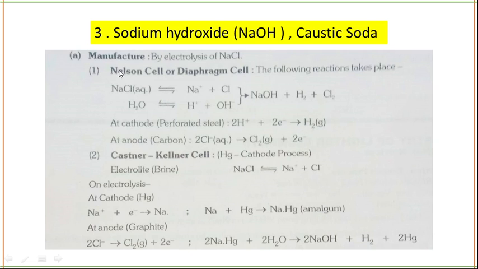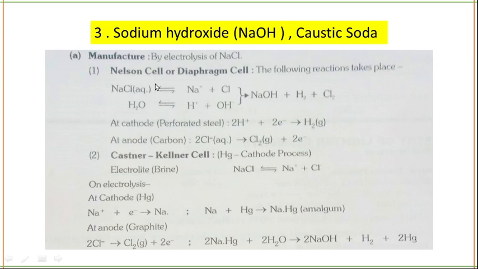For this manufacturing, you need two types of cell. Number one is Nelson cell, also known as diaphragm cell. You need to learn this: in the case of Nelson cell, the anode is made of carbon, and the cathode is a perforated steel vessel. While in the second cell, Castner-Kellner cell, the anode is made up of graphite, and mercury is the cathode.